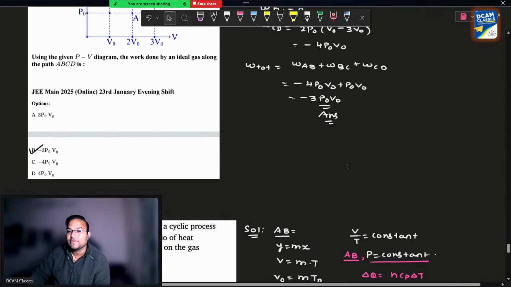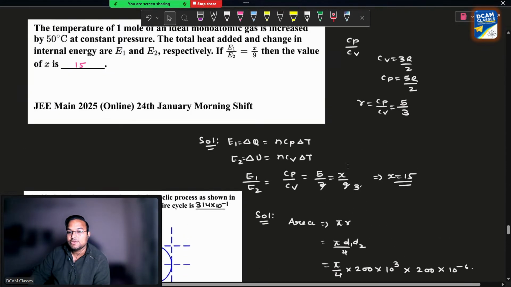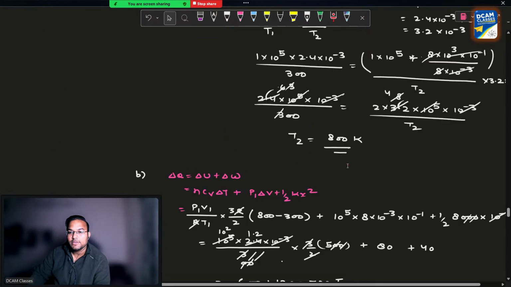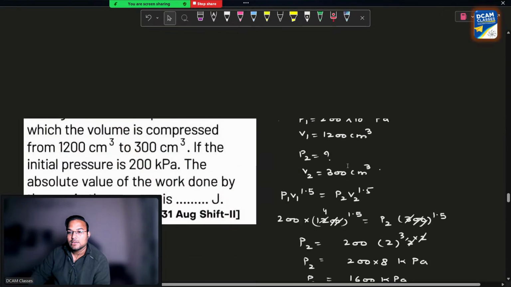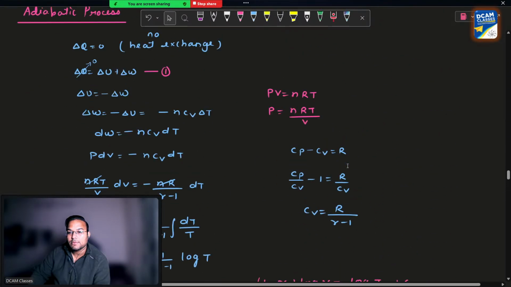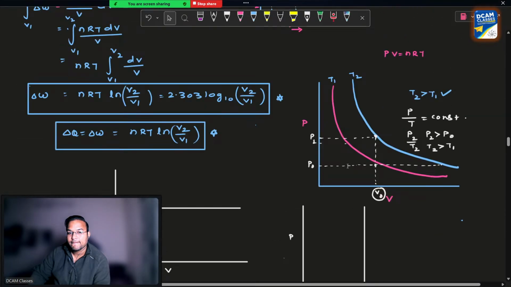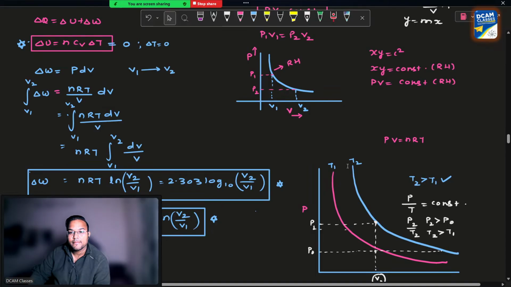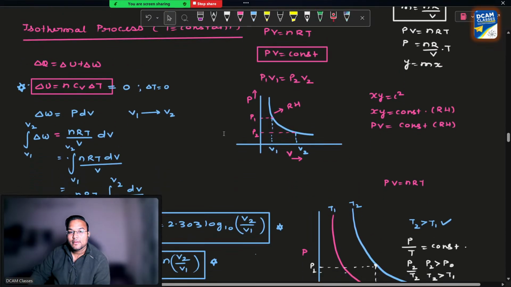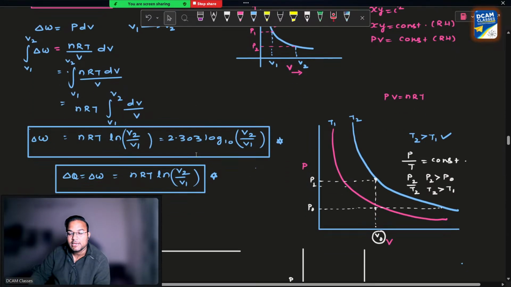This thing we have derived actually. Let me show you. I think you were absent in that class. That's why you do not remember properly. Yeah, I was absent in 3 classes. When we were studying chemistry, then also we did not reach till here.